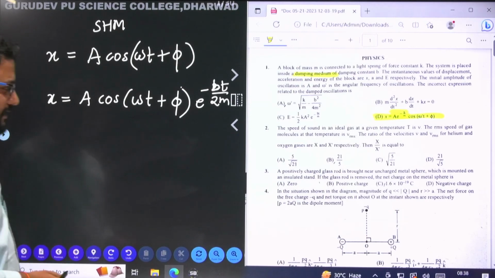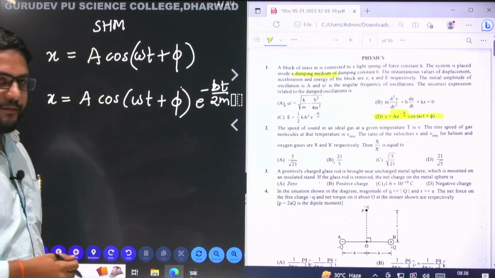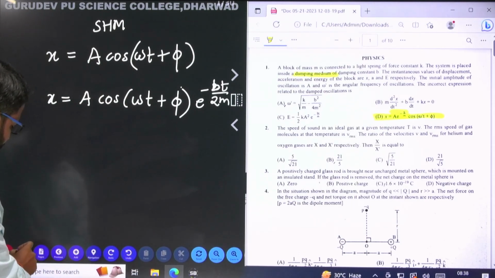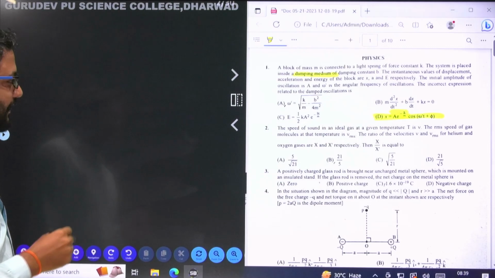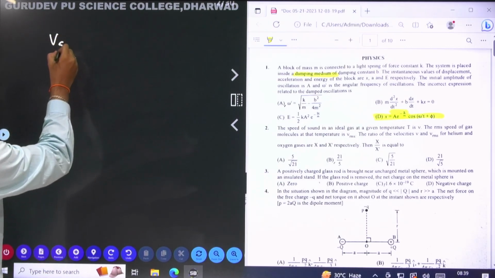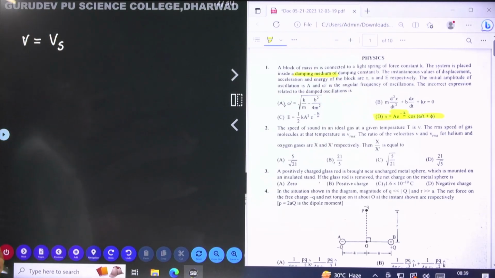In the next one, they are asking us: the speed of sound in an ideal gas at temperature T is V. If this is the speed of sound, I would better write it as Vs, just to avoid confusion. The RMS speed of a gas molecule at that temperature is VRMS.